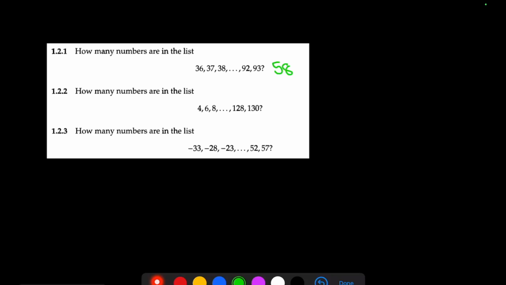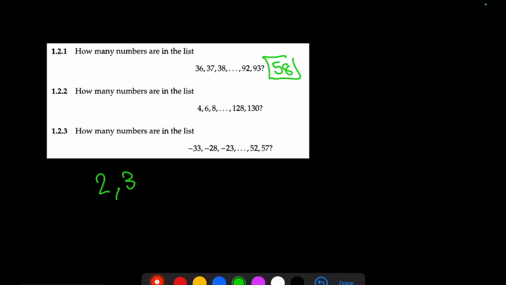Okay, so now, how many numbers are in the list 4, 6, 8, all the way to 130? So let's divide everything by 2, because they look like multiples of 2. Yes, they are. 4 divided by 2 is 2.